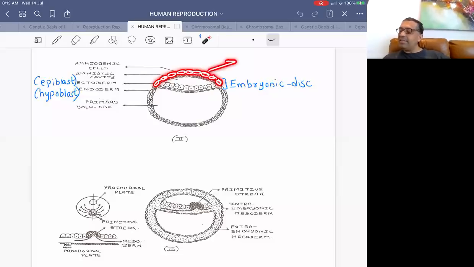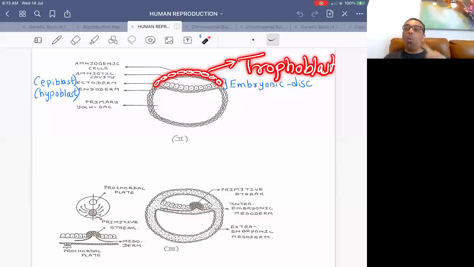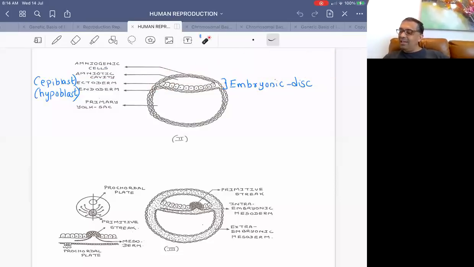Trophoblast cells undergo cell division once to form a layer of cells, and this layer of cells is called the amniogenic cells.